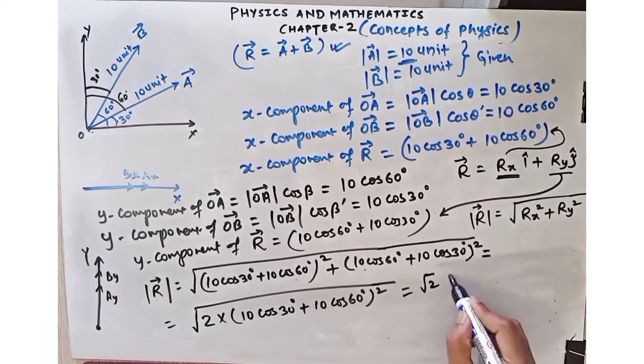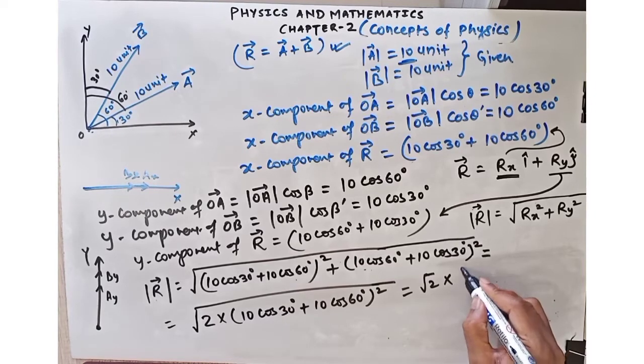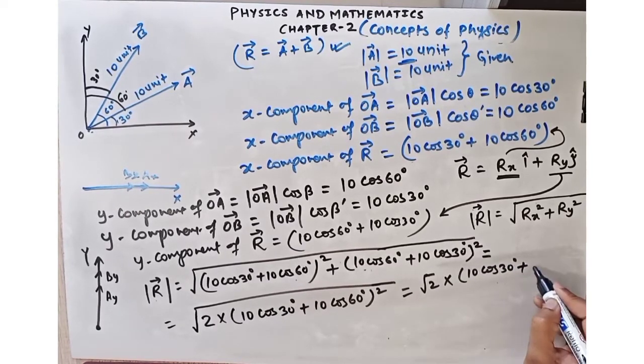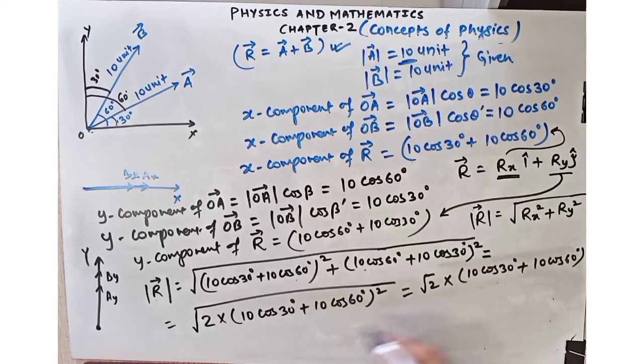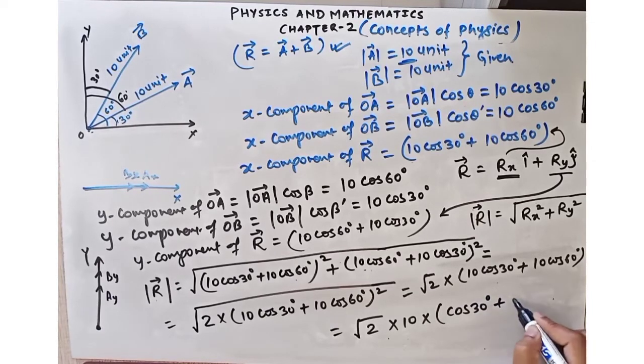Under root 2, and this as a square, so it will come out as a single value, 10 cos 30 degrees plus 10 cos 60 degrees. Fine, so now let me take 10 as common, so it will be 2 into 10 into cos 30 degrees plus cos 60 degrees.